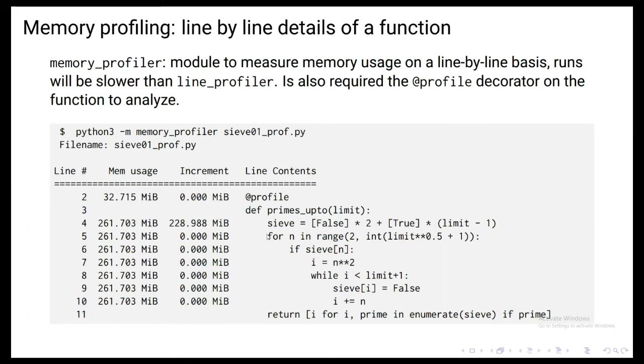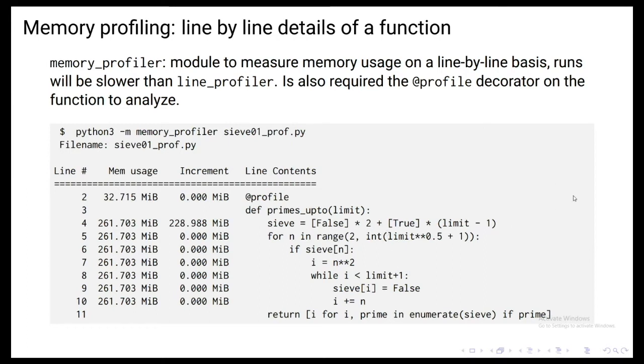I see that the creation of that list of 30 million booleans gives me an increment of 228 megabytes. Then it stays constant. There's no memory increment, and I'm just crossing out that single element that I'm working on.